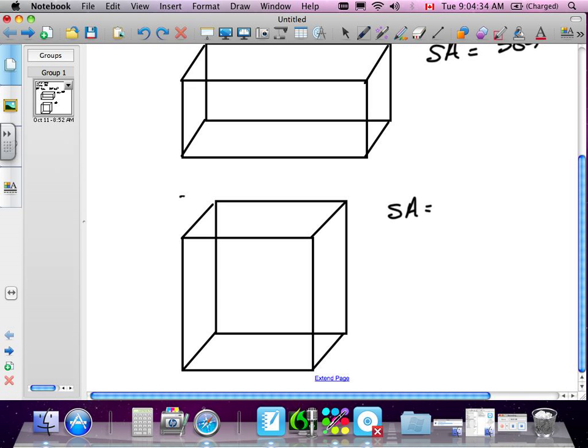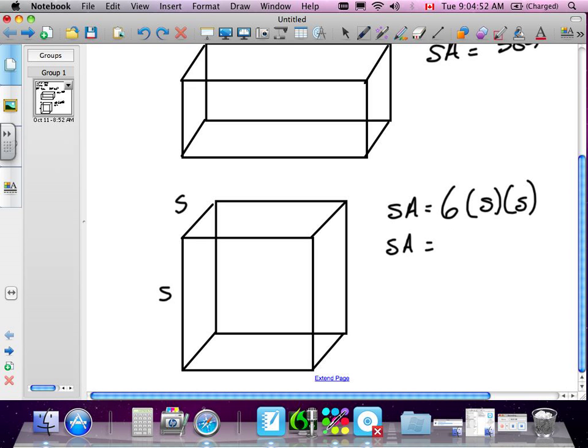So we have 6 sides, and we know we have to multiply one side by the other side, okay? And we could simplify s times s. We could turn this into the surface area of a cube is 6 times s squared. All the sides are also the same length because we're working with a cube.